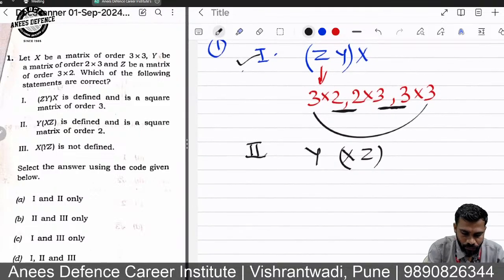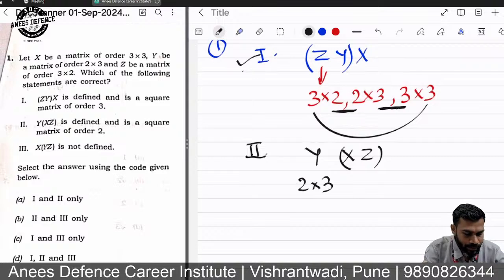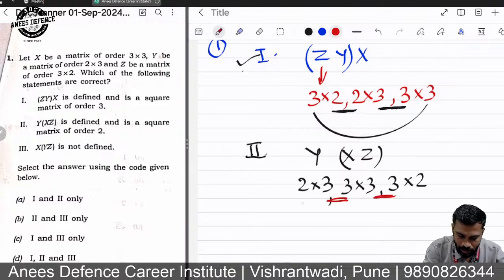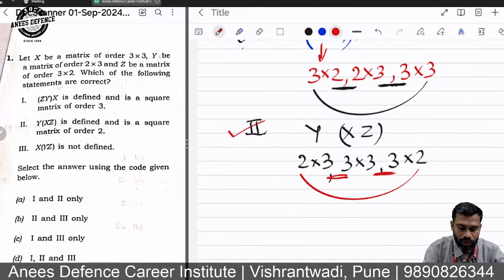The order of Y is 2 by 3, the order of X is 3 by 3, and the order of Z is 3 by 2. So again, matrix multiplication is possible, and the final order will be 2 by 2, which is also correct. Square matrix of order 2.